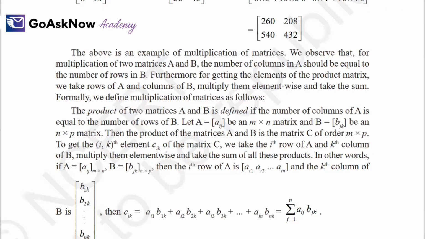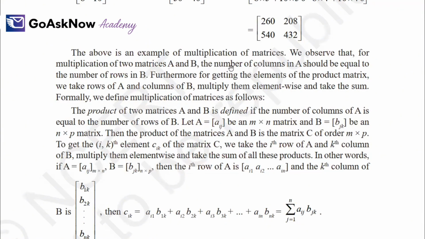In other words, if A = (Aij) is M cross N and B = (Bjk) is N cross P, then the ith row of A is Ai1, Ai2, dot dot dot, AiN, and the kth column of B is B1k, B2k, dot dot dot, BNk.